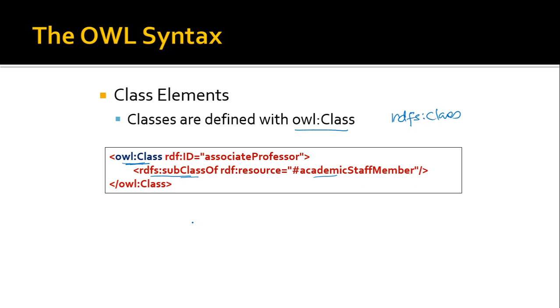Then we try to represent the same thing in first order logic. This is what I'll keep on doing while describing the syntactic elements of OWL: I'll try to come up with the corresponding first order logic form of the construct that we are discussing, right?